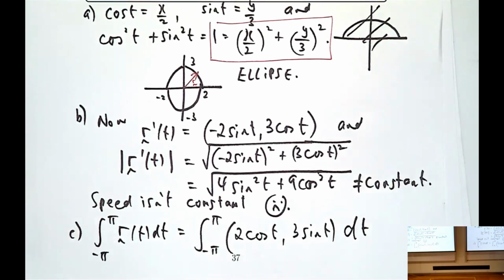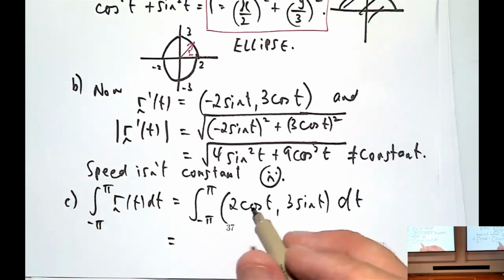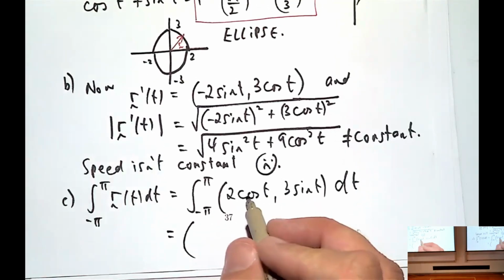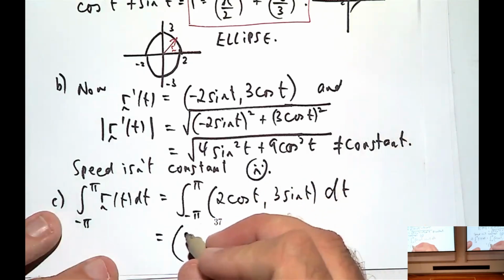Okay, so you integrate the first component, you integrate the second component, and your answer will be some constant vector, right? So integrate cosine. You can probably do this using symmetry, right? But I'll just do it.